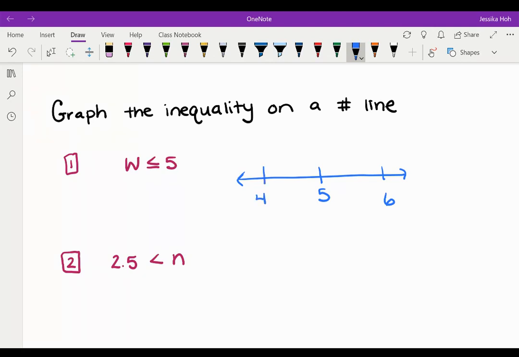Anything less than or equal to 5 would make this inequality true. So I'm going to put a closed circle because I'm including 5. To check my answer, I can choose a number in my shaded region and plug it in. If I plug in 4, 4 is less than or equal to 5, that would be true.